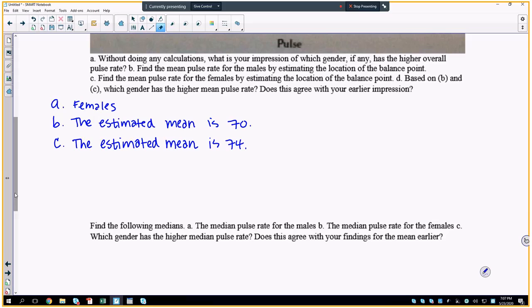So then, does this agree with our earlier assumption? These estimates do agree with the idea that maybe females have a higher pulse rate.